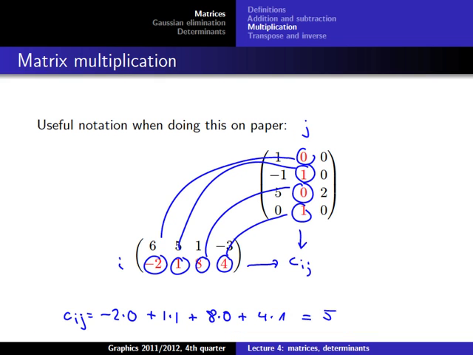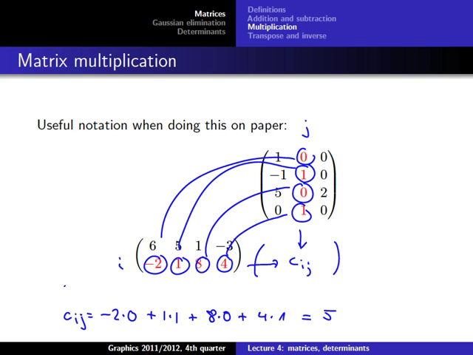Another reason why I like this notation is because it nicely illustrates the condition that has to be fulfilled, namely that the rows and the columns of the first and the second matrix respectively have to match, and it also shows the dimensions of the resulting matrix.